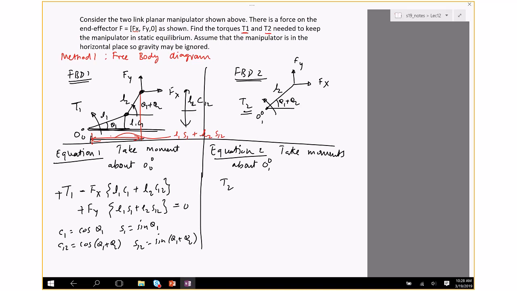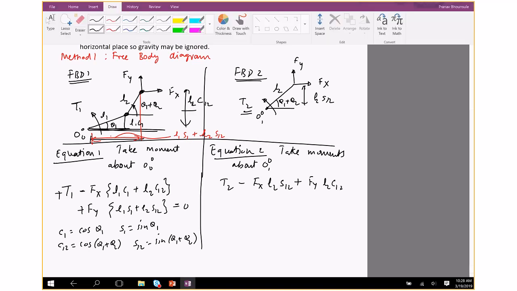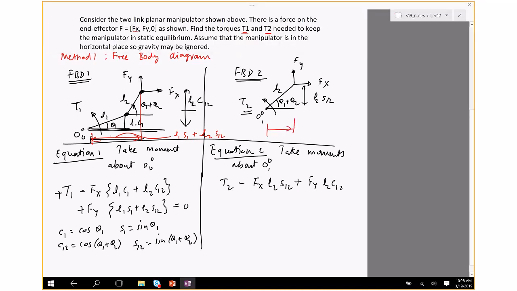So Fx times L2 S12, because this distance is L2 S12, with a negative sign, and Fy is acting counterclockwise, so Fy times L2 C12, because L2 C12 is this distance.